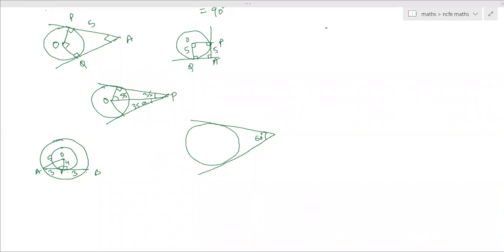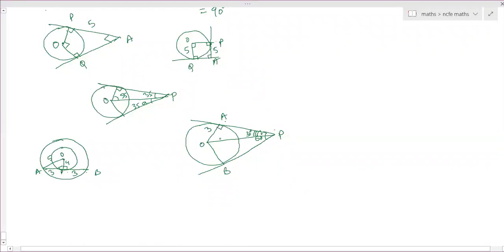Two tangents inclined at 60 degrees are drawn to a circle of radius 3. Then the length of each tangent. So if you draw on this point P, this is A, this is B. Then angle APO will be 30 degrees. Then for AP and OA, which relation can we use? This is 90 degrees, this is 30 degrees.